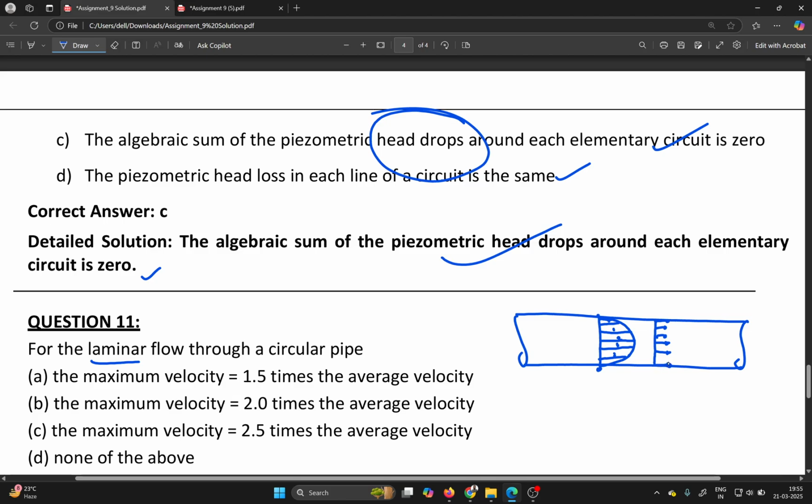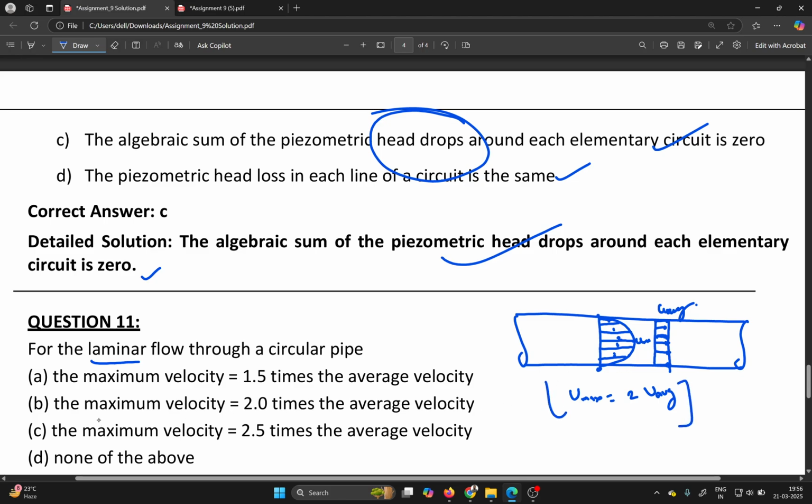Even at the surface, that is at the contact point also, you need to consider the velocity magnitude. So this is your maximum, u max, and this is u average. So the relation for circular pipe, remember always, u max is equal to 2 times of u average.